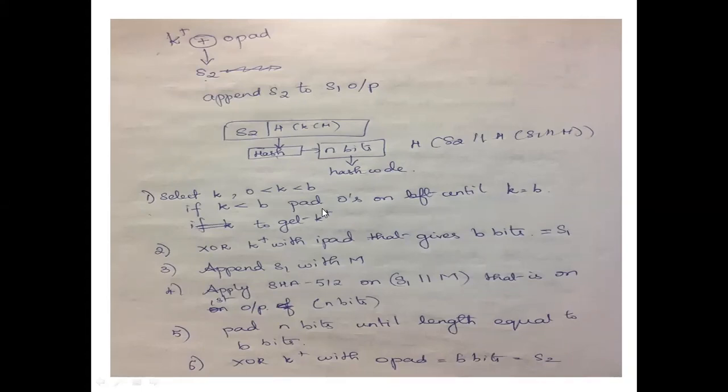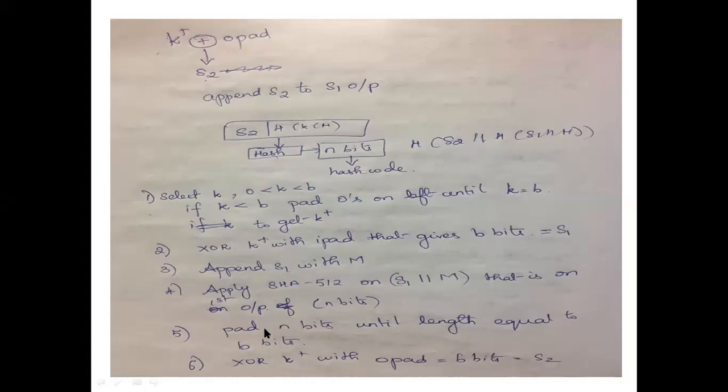Now the K plus you XOR with IPAD, which is a predefined value. It will give you S1. Now this S1 is appended with the plain text M. And you apply any hash algorithm, for example SHA-512, on this S1 appended with the message, so that you get the first output.